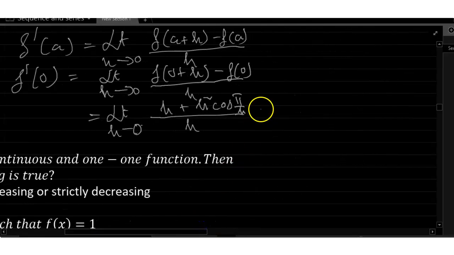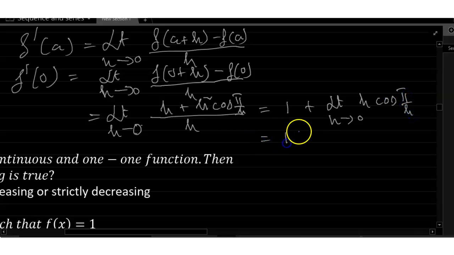It can be written this way: 1 plus limit h tends to 0 of h into cos(pi by h), which equals 1 plus 0, which equals 1.